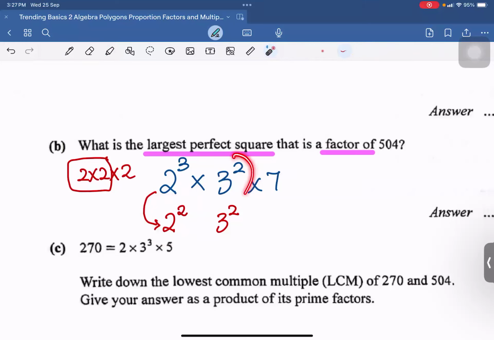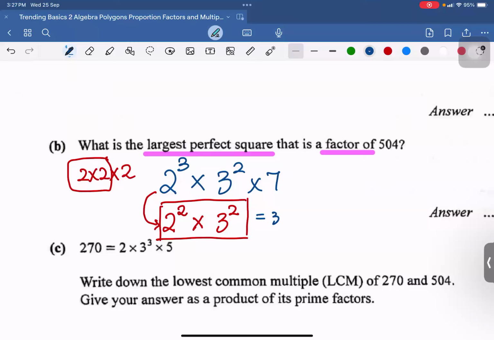And this one has 3 square, so definitely I take out 3 square. 7, is 7 enough for me to take out any perfect square? No, right? So in this case, what is the largest perfect square? I take these two numbers, multiply together by each other. This answer will be the number 4 times 9, 36. Answer. Is this okay?